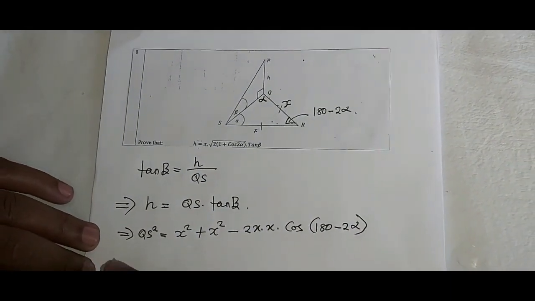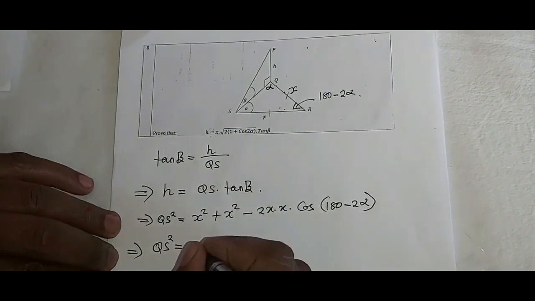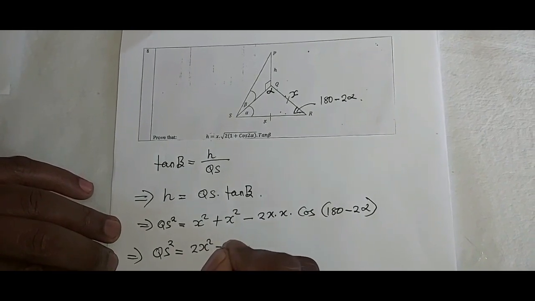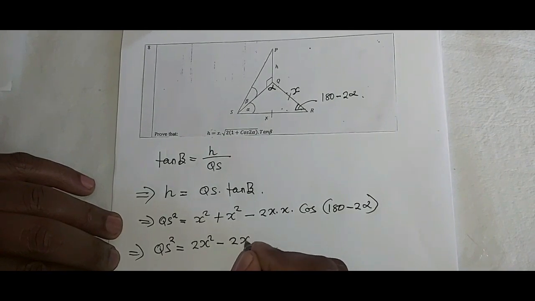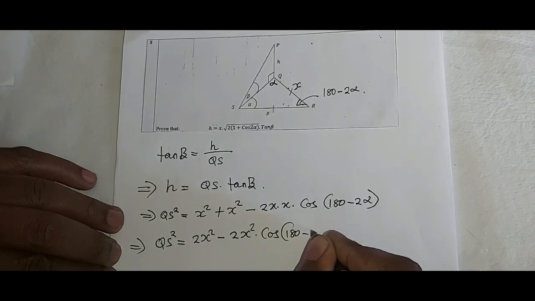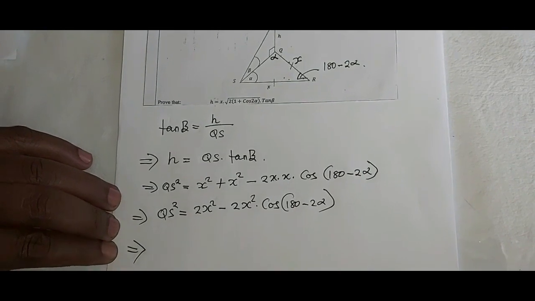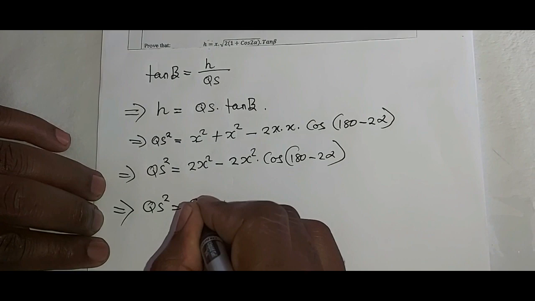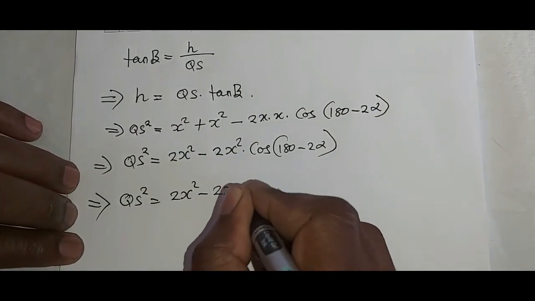Which now implies that QS squared is equal to X squared plus X squared, it gives me 2X squared, minus X times X, that is 2X squared multiplied by cos of 180 minus 2 alpha, which in this case implies that QS squared is equal to 2X squared minus 2X squared.